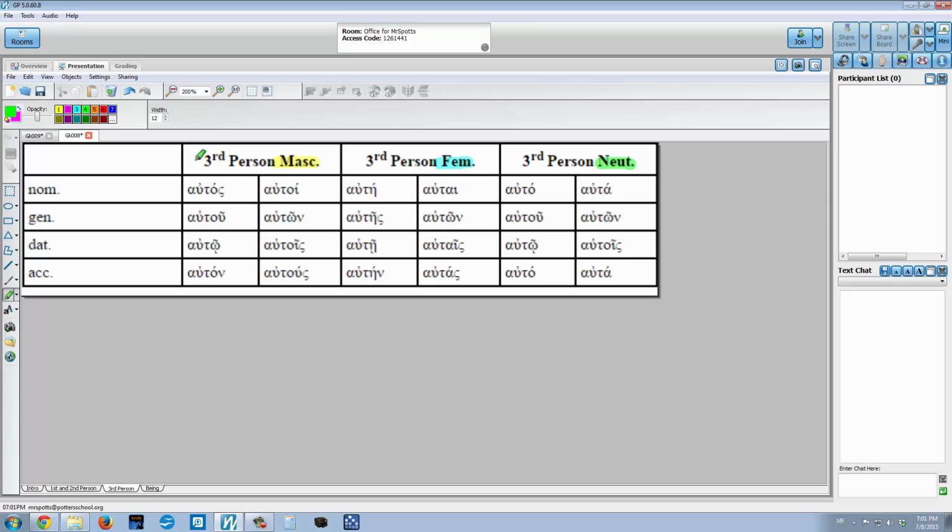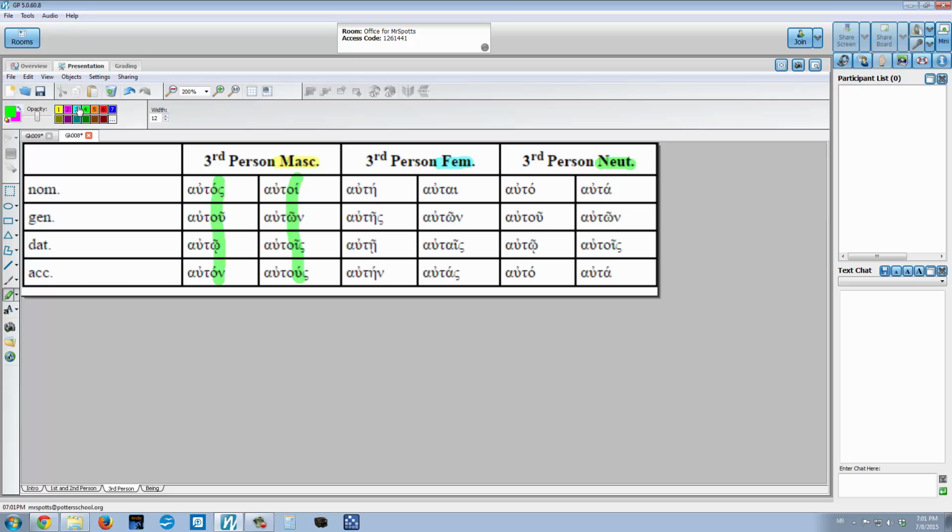Now notice the masculine follows the second declension. Works just like logos, doesn't it? Or anthropos, or any of those second declension masculines. All right, how about she? He becomes him. She doesn't become Shem.